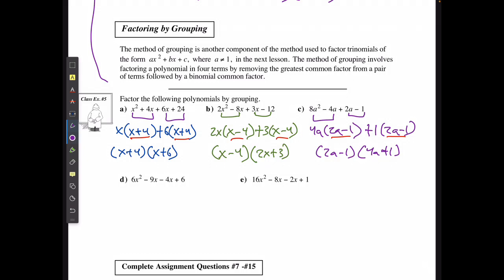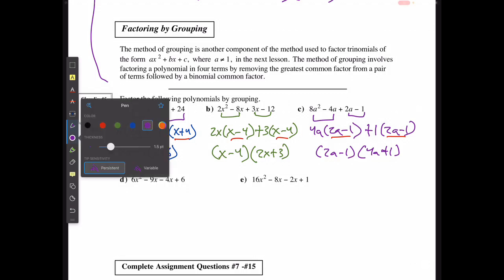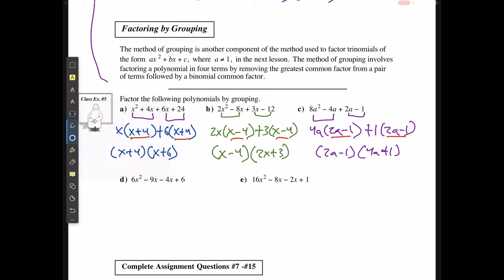For example D, I'm going to do the same thing. I'm going to group them together, and when I divide out the 3x from the first set, I'm left with 2x minus 3. In the second set, the common factor is 2, and that would leave me with negative 2x plus 3.